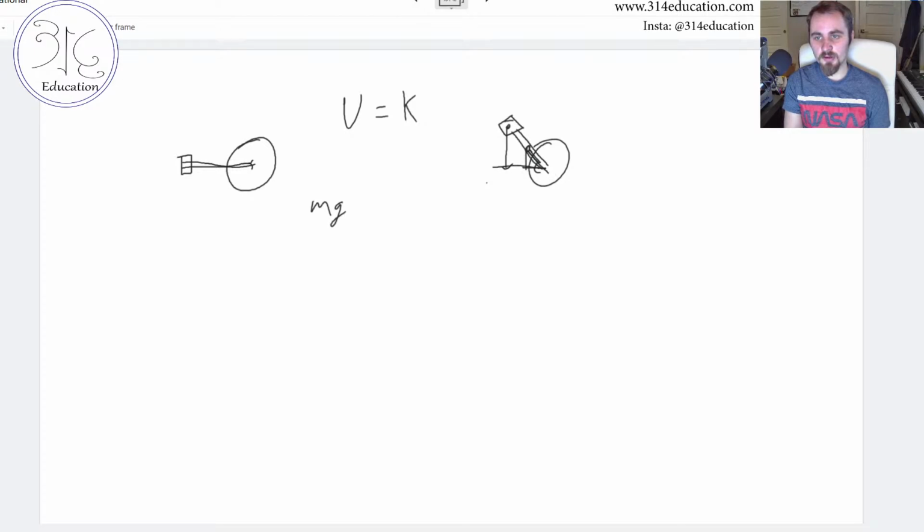That's theta, so that's going to be the cosine of theta times r, so that's r cosine theta. Then we also have a potential of the mass, which had 2m times g, acting at a distance of 2r, again times the cosine of theta. So our initial energy of the system we can write as 5mgr cosine theta. Again, 2 times 2 is 4, plus 1 is 5.